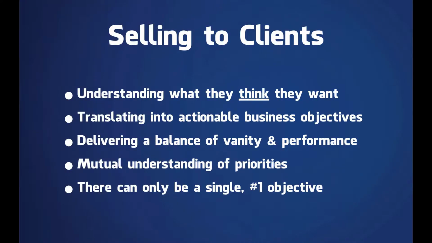If they say, I want social proof, and the campaign ends and they say, where are my email leads? Say, hey, you wanted social proof. We got you however many new likes. If they say, my main goal is email leads because the main thing I'm interested in is more business, more sales, then be very, very clear about how you're going to do that and what the difference in the campaign is going to be, and how you can translate that into actual business objectives.